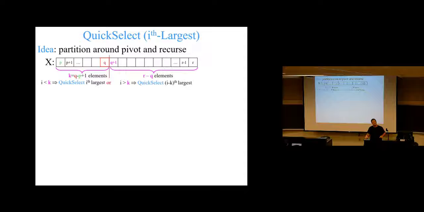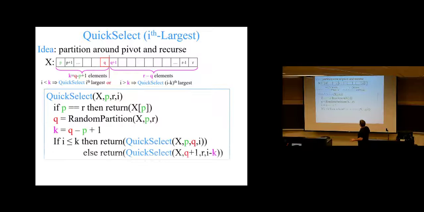So we only recurse on the one that actually contains the thing that we want, the ith largest, but not the other piece. So the algorithm is pretty much that. Here is the pseudocode. I'm selecting in the array X in the range P through R. That's the end of the portion of the array in which we're doing the selection.